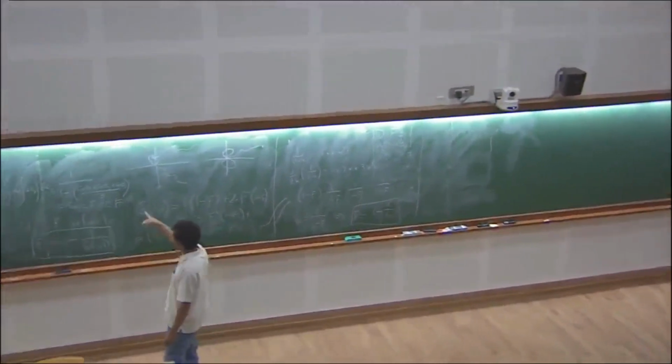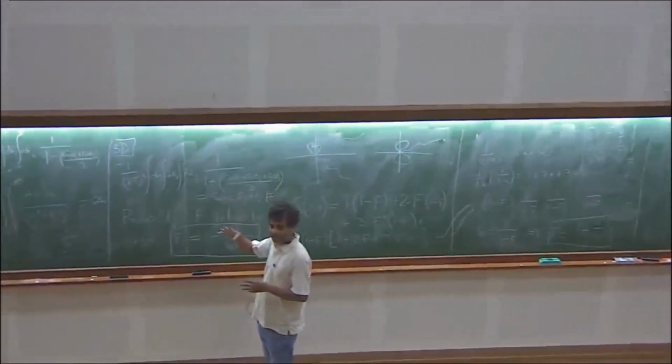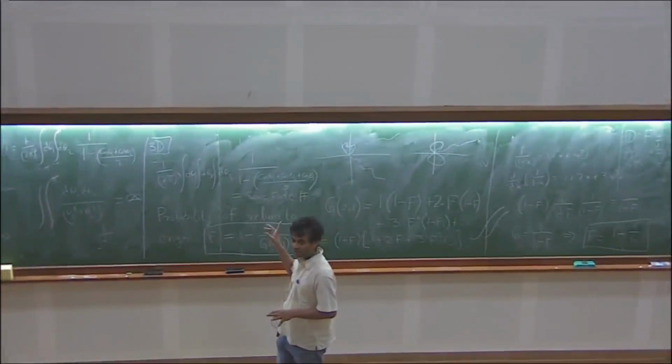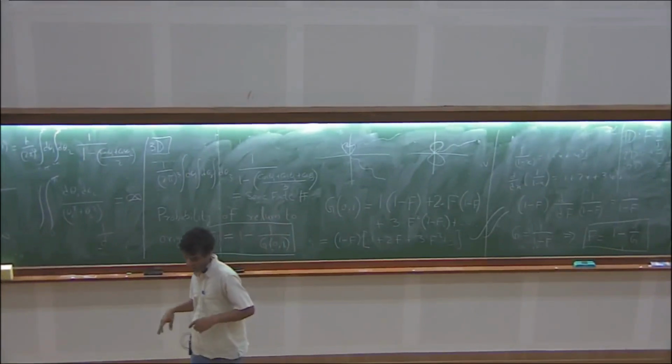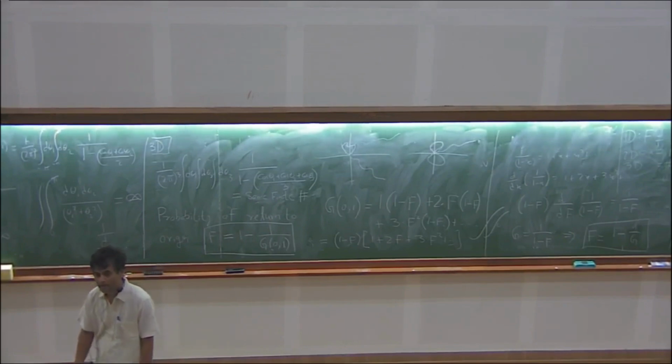You can do some approximation for large D. For D equal to 1, 2, and 3 you can do it exactly. But there's no exact formula for any D, at least I don't know. Maybe some people have done it. Mathematicians keep doing this kind of integrals, and maybe someone has done it. But for large D, there is some formula. I'll tell you tomorrow. Okay.